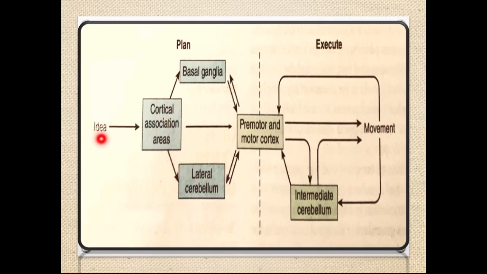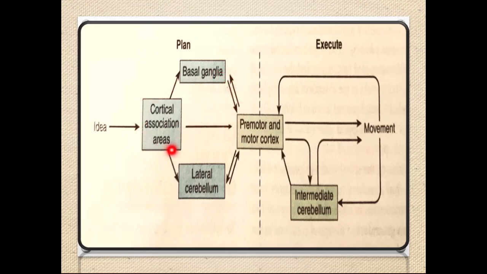Whenever we get any idea of any voluntary movement, these three champions, the basal ganglia, the lateral part of the cerebellum and the cortical association area, form a huddle and do the talking, meaning they do the planning of how we are supposed to perform or execute this idea. And after that, they reach a consensus.